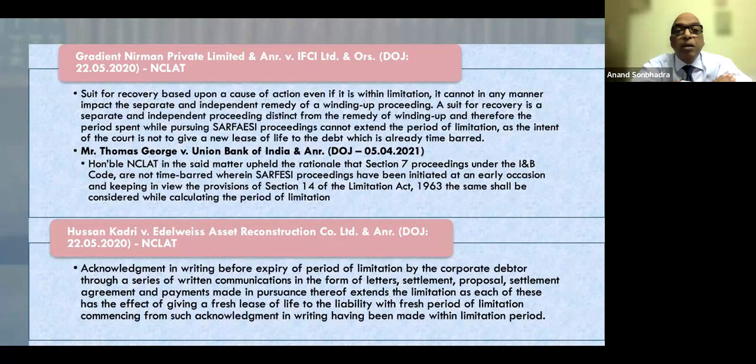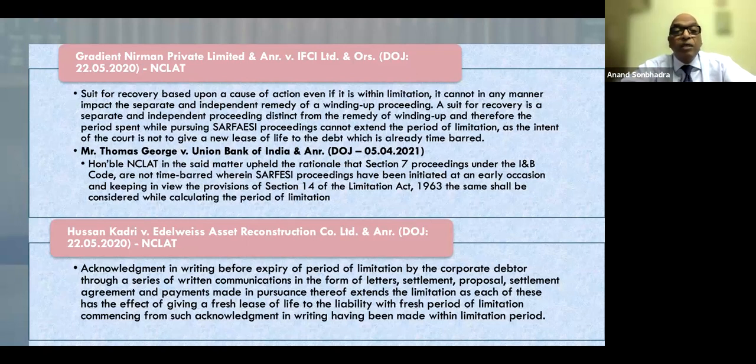Nirman Private Limited versus IFCI. This is another NCLAT judgment. Sued for recovery based upon a cause of action, even if it is within limitation, it cannot in any manner impact the separate and independent remedy of a winding up proceeding. I'm just reading it and then will try and explain wherever necessary.